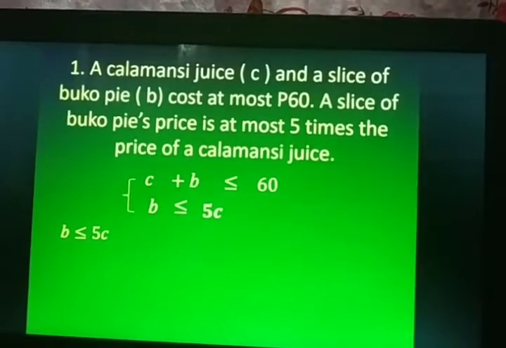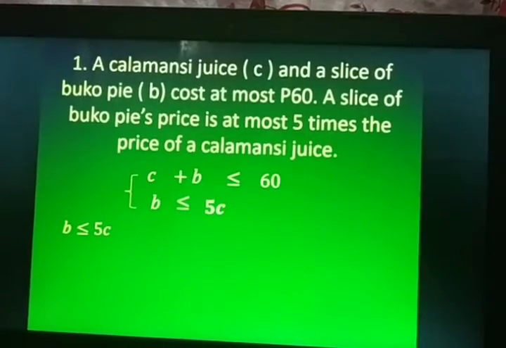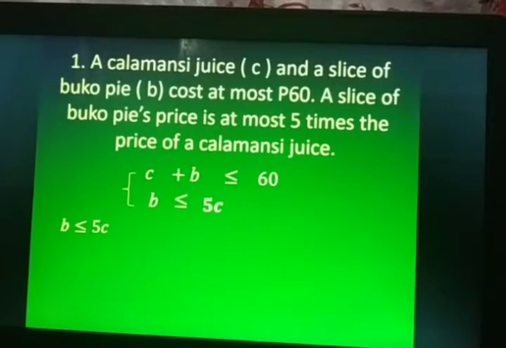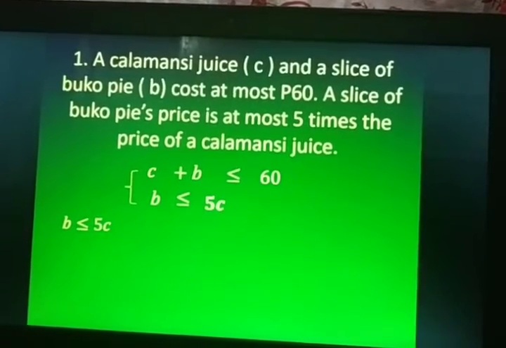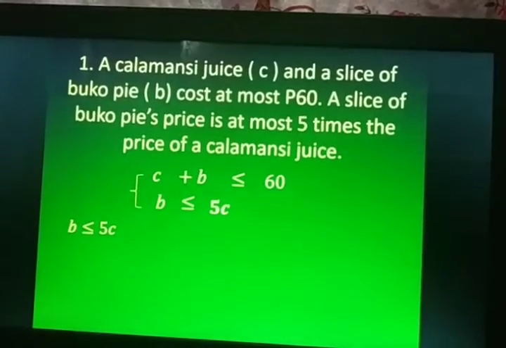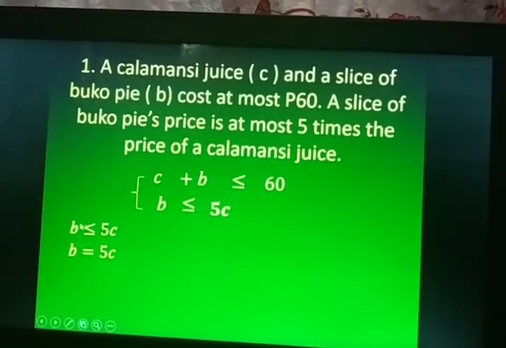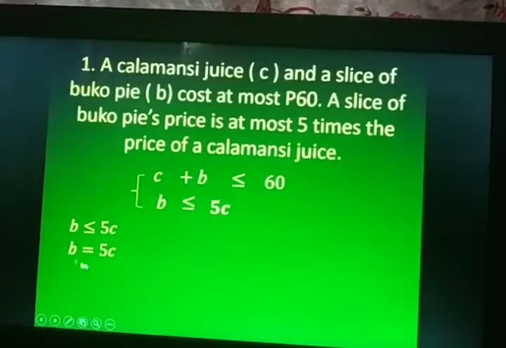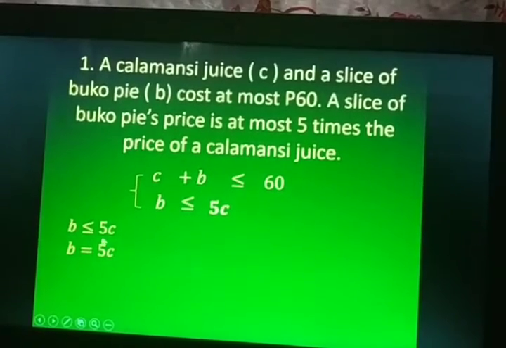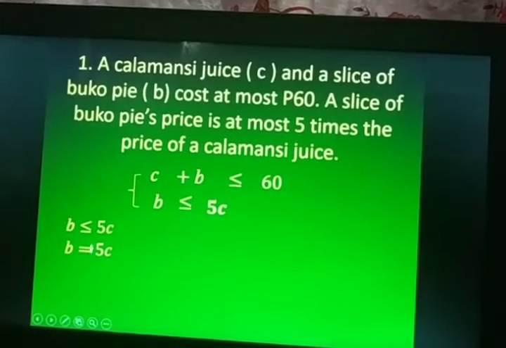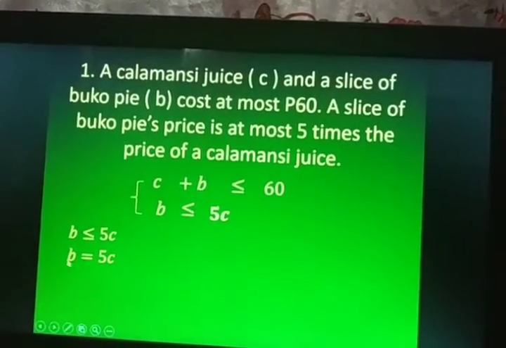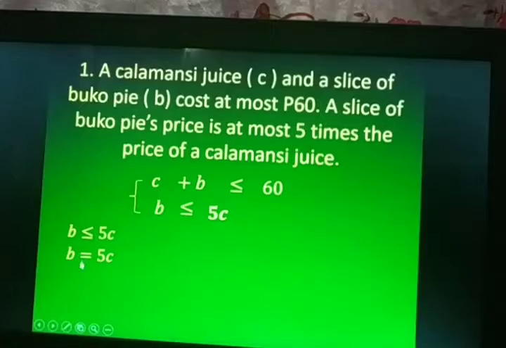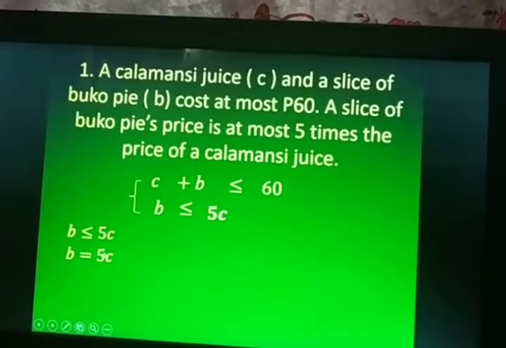We'll use the fact that one buko pie is at most 5 times the price of a calamansi juice. So we'll change the linear inequality symbol, less than or equal to, into an equal sign so that we can get the value and substitute. So the value of B is 5C.